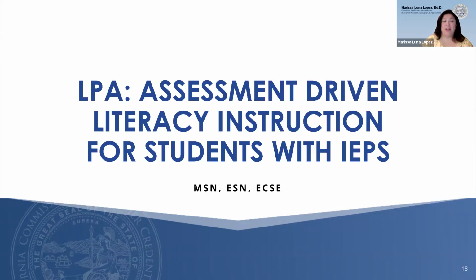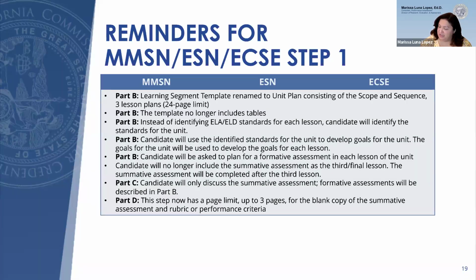All right. So LPA, assessment-driven literacy instruction for students with IEPs. You have noticed that we are all together today talking about MMSN, ESN, and ECSE. They are oftentimes very similar credentials, oftentimes overlap in certain spaces, but taking a look for ECSE, we're talking about emergent foundational reading skills, and we are also looking at children versus students.